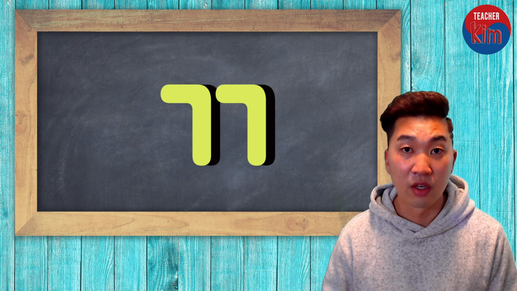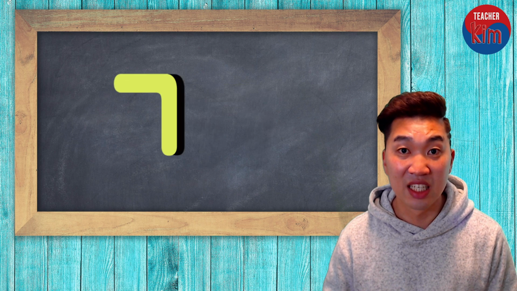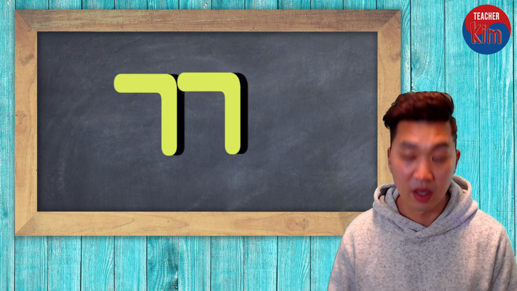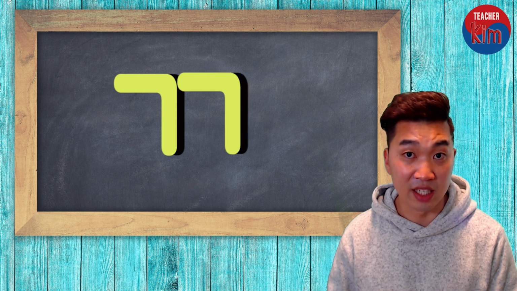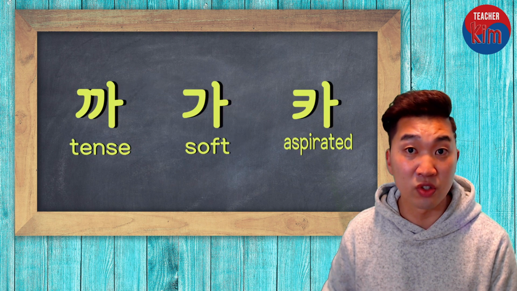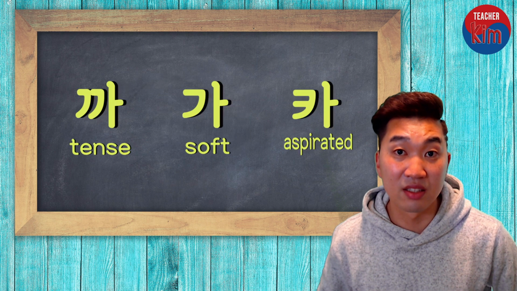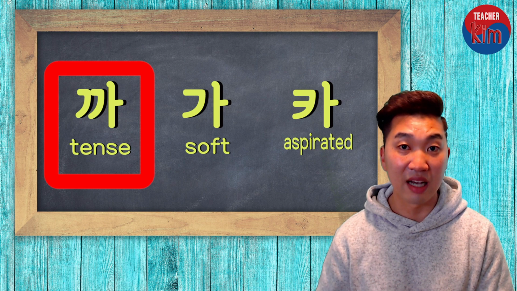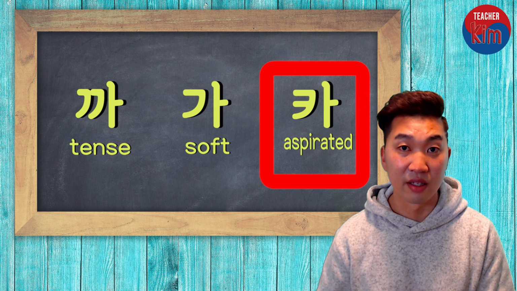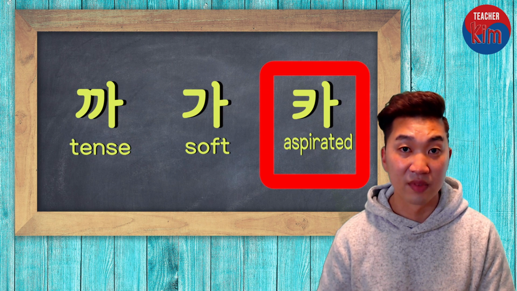First one is this. You know this consonant K. So writing double is very simple. Just draw 2 of it. And it sounds very tense. Listen carefully, compared to soft and aspirated consonants. Tense Ka. Soft Ka. Aspirated Ka.